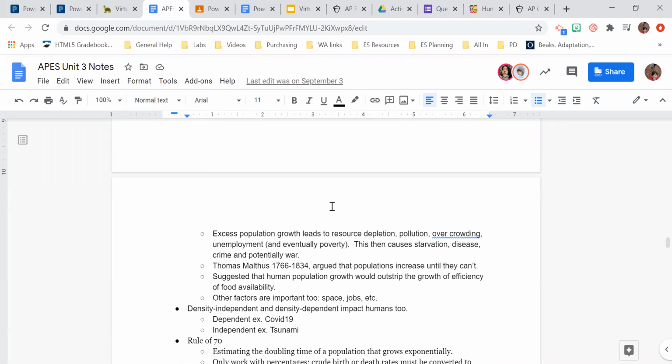So in short, excess population growth will lead to resource depletion, pollution, overcrowding, and unemployment. And a lot of those things are related to poverty, so eventually a lot of these things are connected to poverty as well in humans. Those things can then lead to starvation, disease, crime, and possibly war.